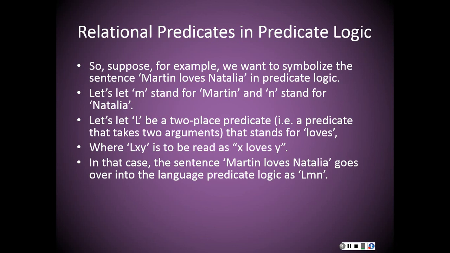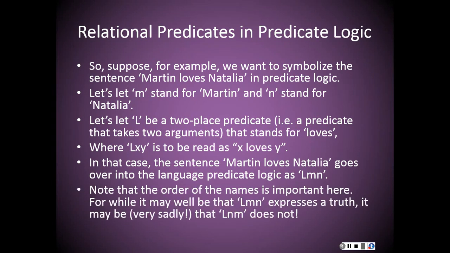Given all this, we can go ahead and symbolize the sentence "Martin loves Natalia" in the language of predicate logic as LMN. Now note that the order of the names is quite important here.